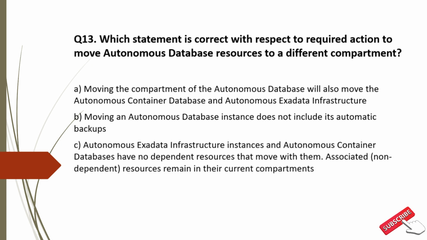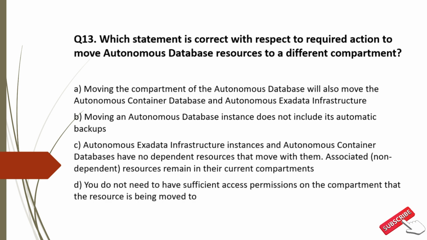C. Autonomous Exadata infrastructure instances and autonomous container databases have no dependent resource that move with them. Associated resources remain in their current compartments. And D. You do not need to have sufficient access permission on the compartment that the resource is being moved to.